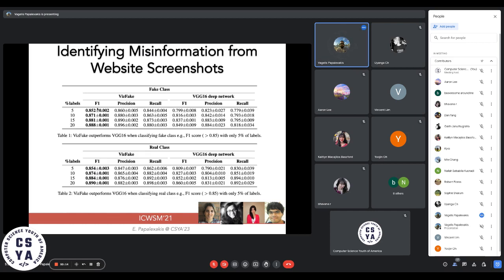And of course, that does not mean that all non-professionally designed websites are misinformation. And that's why this is just an academic exercise for understanding what kind of features, what kind of things are signals for this, right? And so I want to be clear about that.